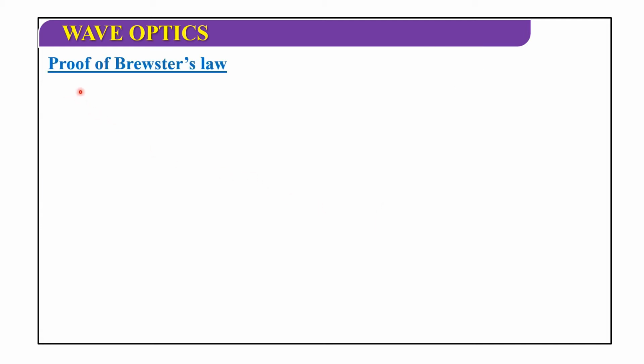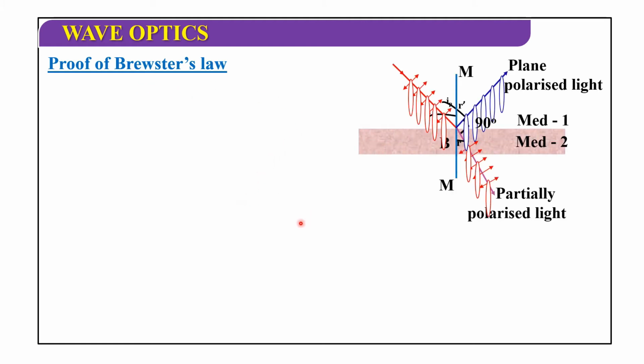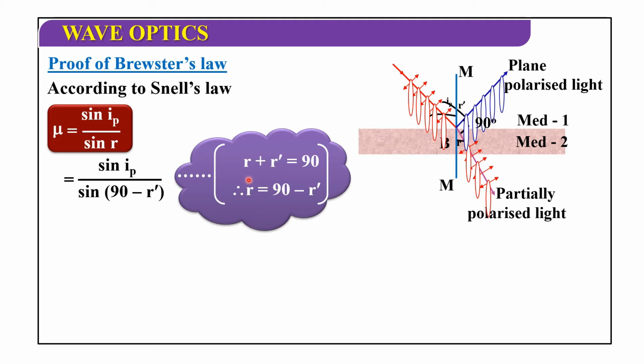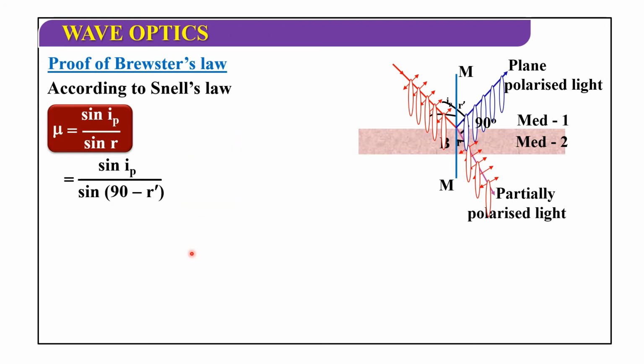Now we'll discuss the proof of Brewster's law. According to Snell's law, mu is equal to sin i by sin r. Since r plus r dash is equal to 90 degrees, r is equal to 90 minus r dash. Now sin of 90 minus theta is cos theta, so mu is equal to sin iP by cos r dash.